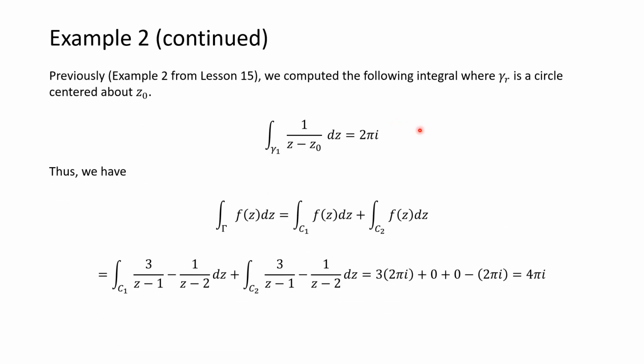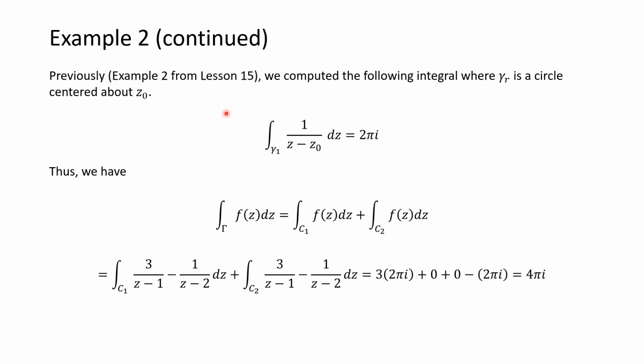Okay, so let's finish our integral evaluation. We found the values for the partial fractions. So the integral of f of z over gamma equals the integral over C sub 1 plus the integral over C sub 2. We plugged in our values for the partial fractions here and here.